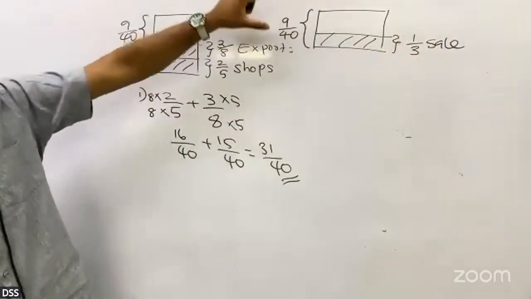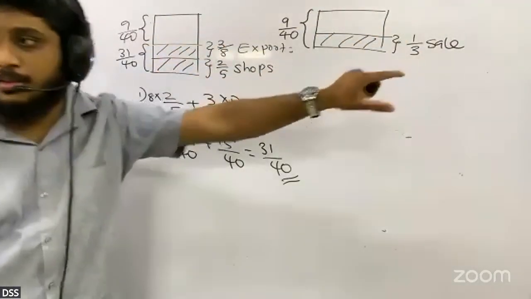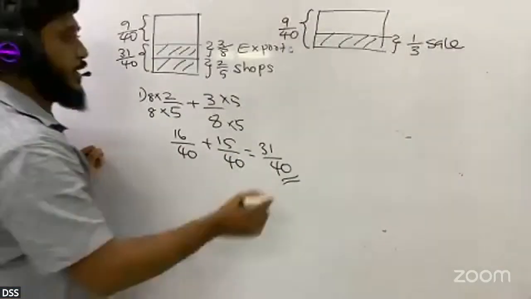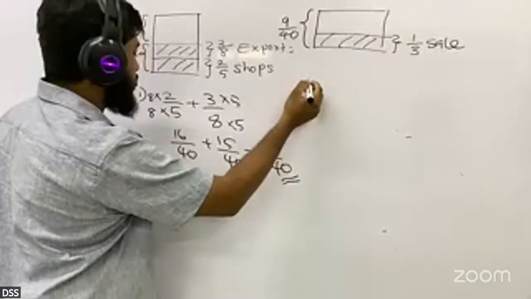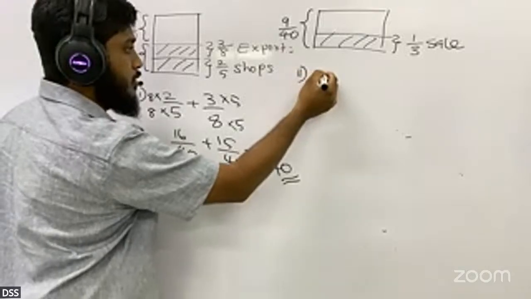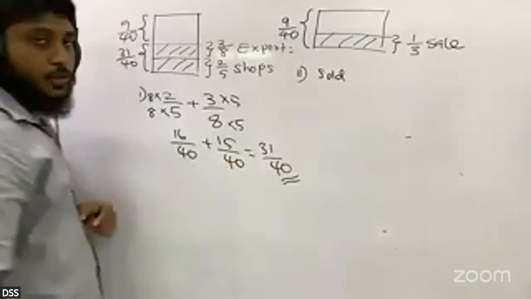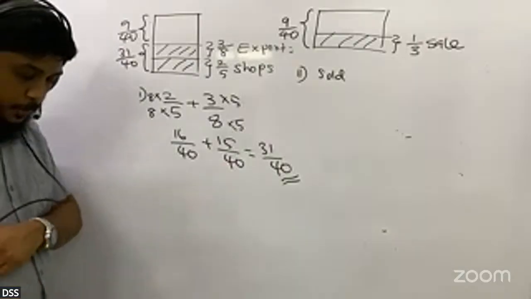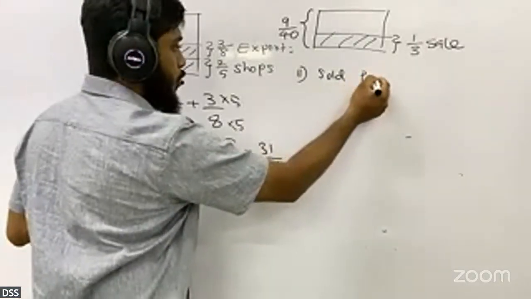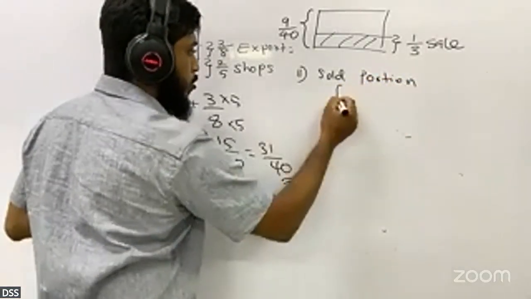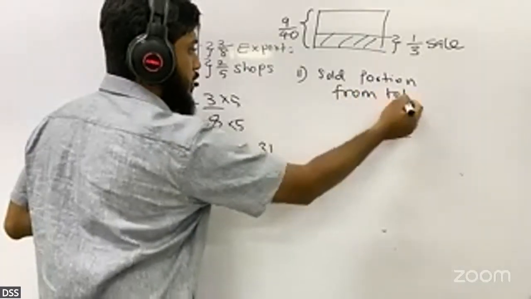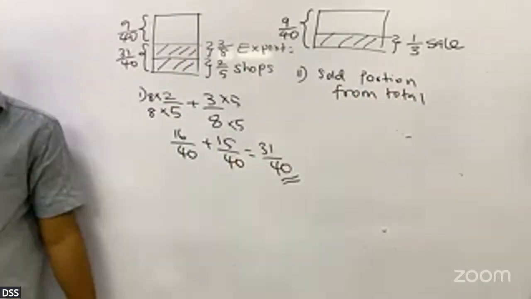Remember, if you get a portion from a portion, to see the amount for sale, you can write second one, sold portion from total.